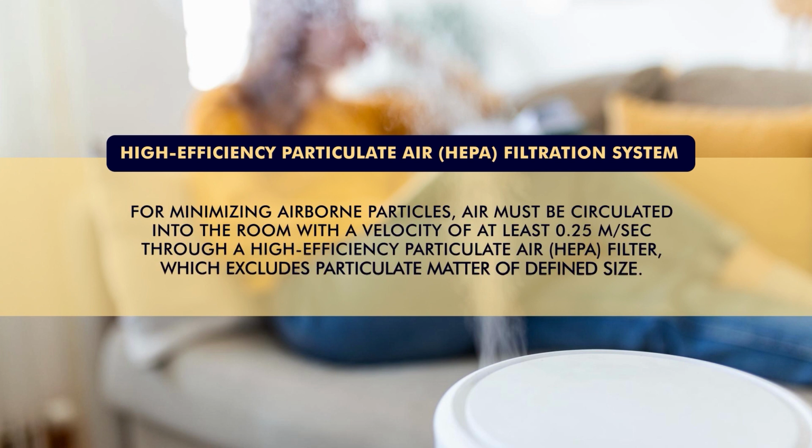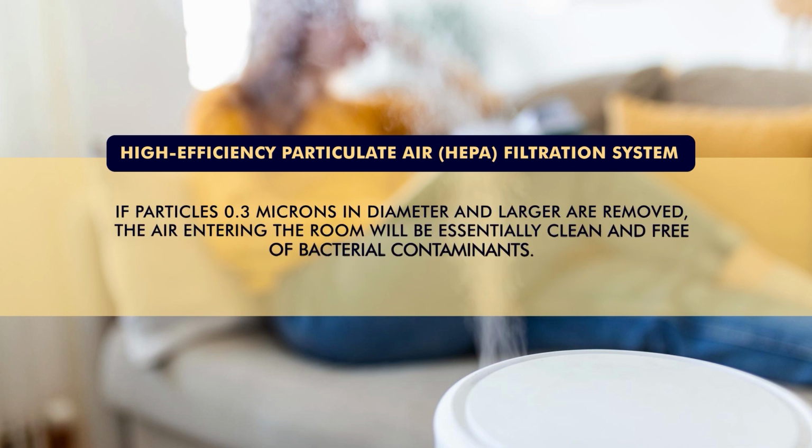For minimizing airborne particles, the air must be circulated into the room with a velocity of at least 0.25 meters per second through a high efficiency particulate air filter, which excludes particulate matter of defined size. If particulates 0.3 micron in diameter and larger are removed, the air entering the room will be essentially clean and free from bacterial contaminants.